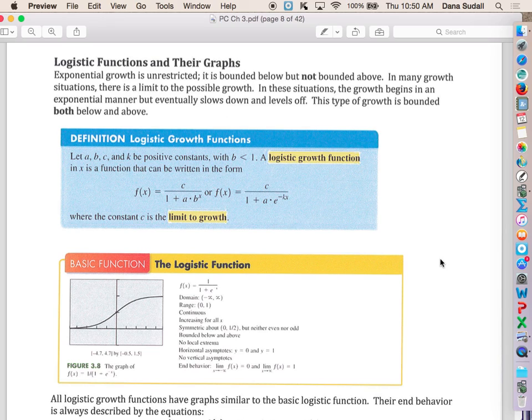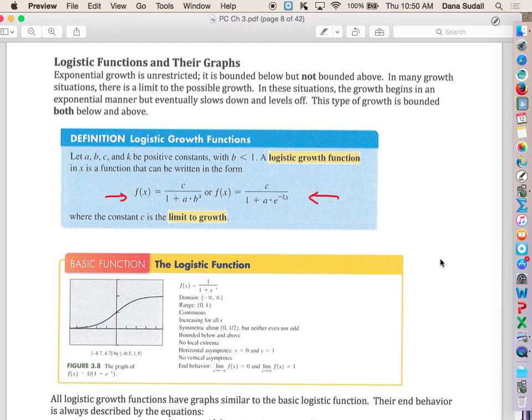So a logistic function in this form, sometimes your base, instead of being a value like b, would be a value with a base of e, that number that's about 2.718 that we talked about a little bit yesterday. So you have something in the numerator there, and then 1 plus that product in the denominator that has the exponential piece to it.